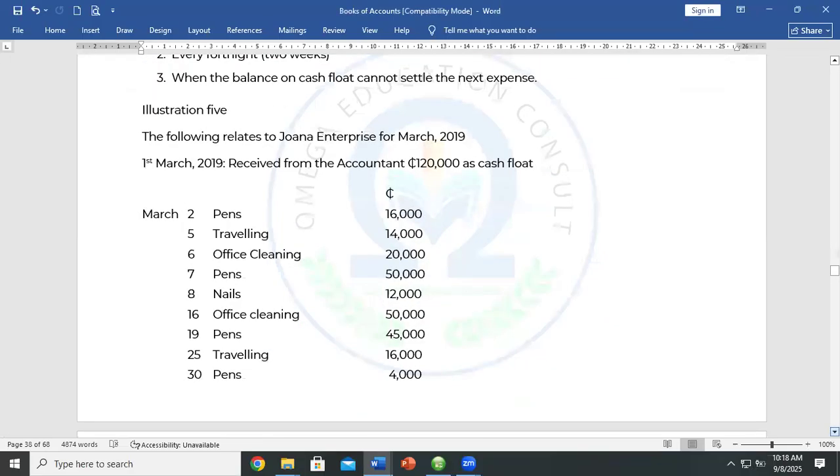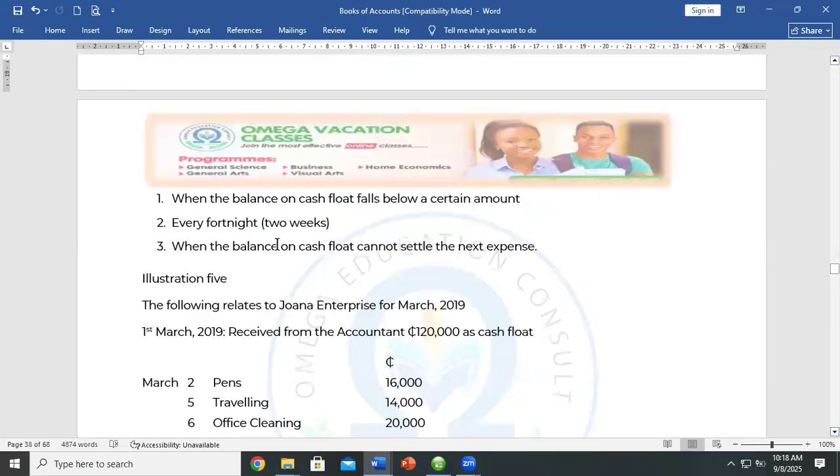So before we look at the examples, some of the conditions under which the reimbursement will be done. Some can say when the balance falls below a certain amount. Some of your parents give you 500 and tell you, when your money is about reaching the 100 cedis threshold, call home so that we send you your money.